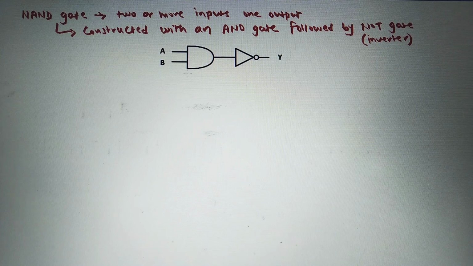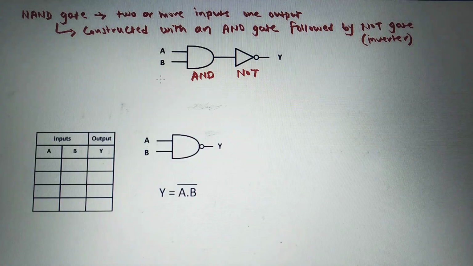Now see here, this is the logical meaning of NAND. This NAND gate is constructed with an AND gate, and that AND gate is followed by the NOT gate. So this is the logical meaning of NAND gate. Now next we will see the symbol for NAND gate.